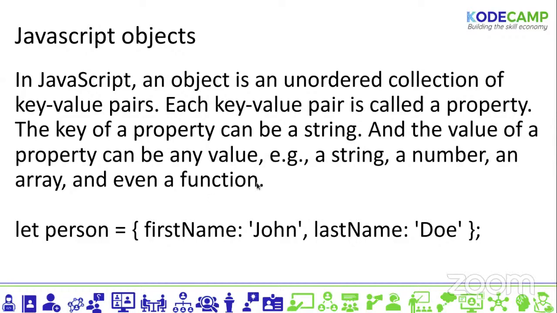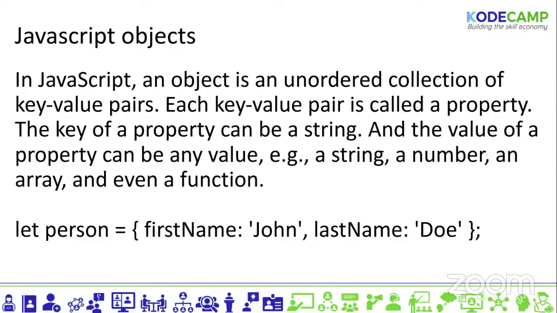So now we are moving. Another thing worthy of knowing is that an array is a special kind of object in JavaScript. We understand objects as an unordered collection of key value pairs.